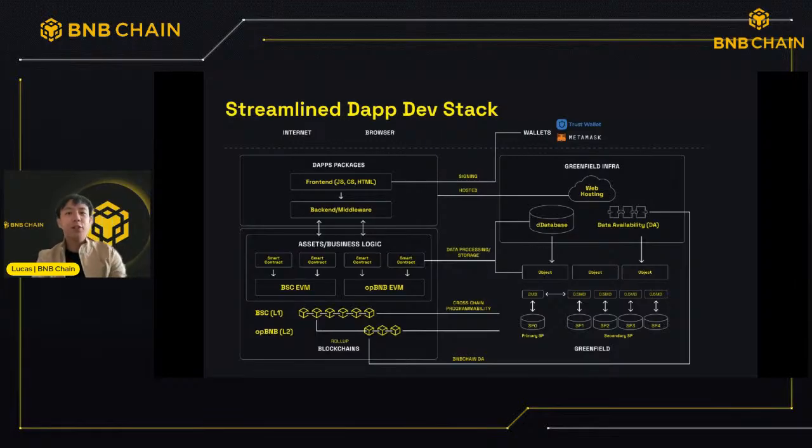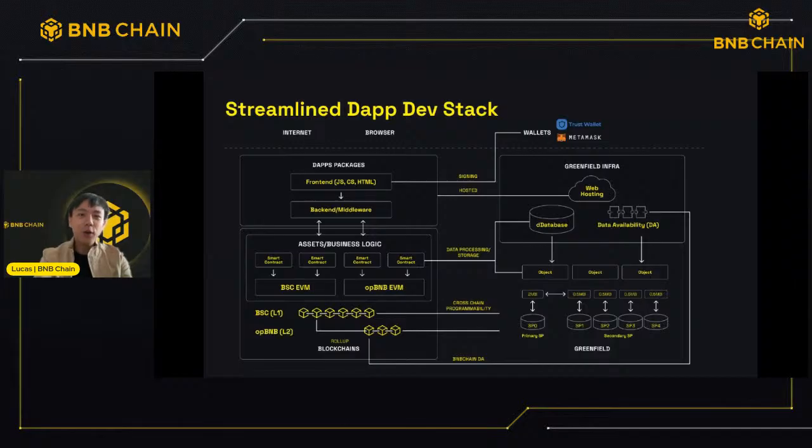The business logic traditionally handled by backend servers is now managed by smart contracts deployed on either BSC or opBNB, our layer 2 scaling solution. These smart contracts execute predefined rules and processes, ensuring trustless and transparent operations. Application data such as user information and content is stored on BNB Greenfield, providing a decentralized and secure database layer. This integration ensures high data availability and resilience.